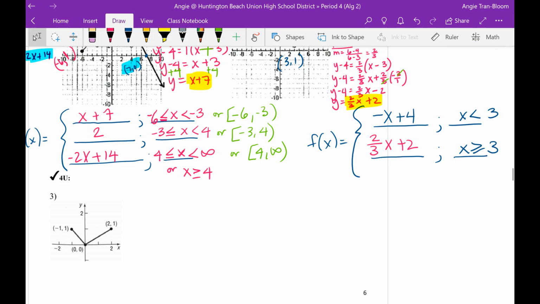Talk it out, please. Especially if you can't get the slope, or if you get the slope, check with one another. That's what I want you to do first. Because if your slope's wrong, then your line's wrong.